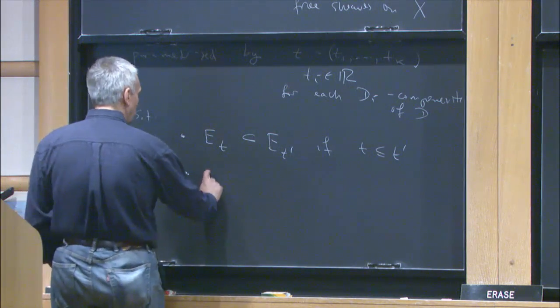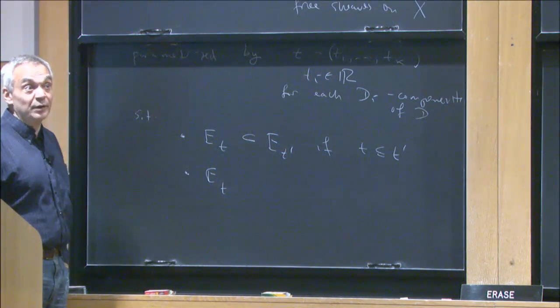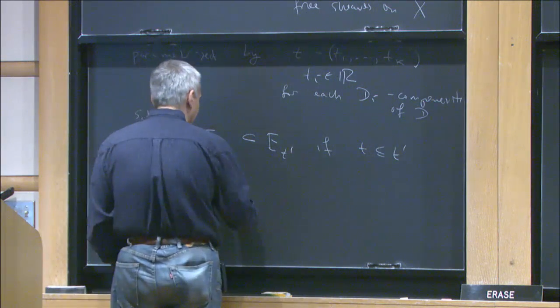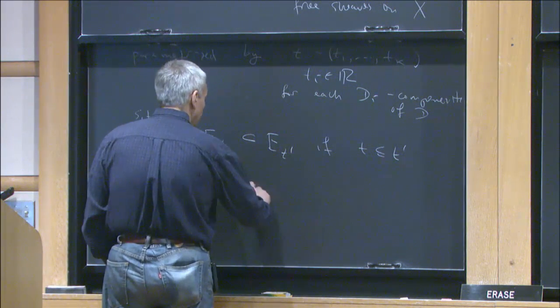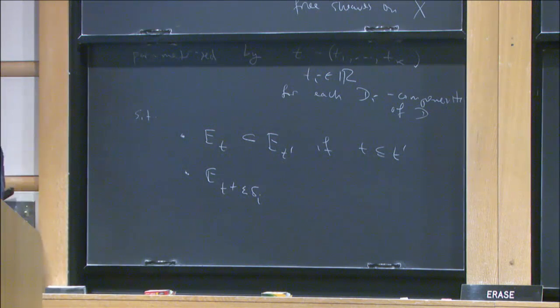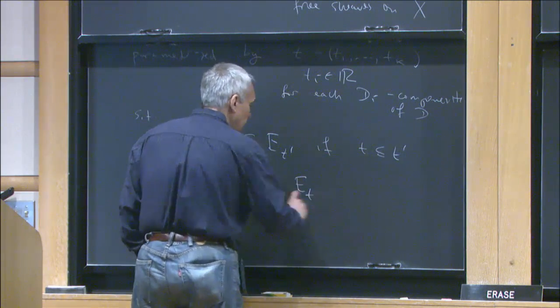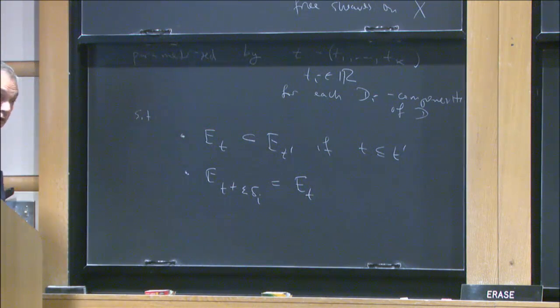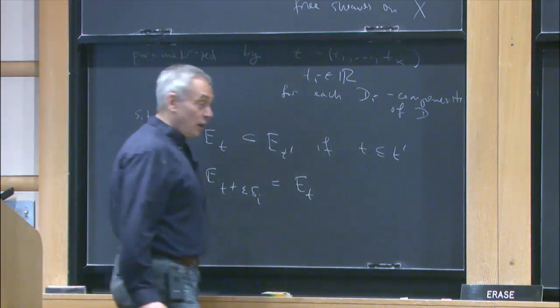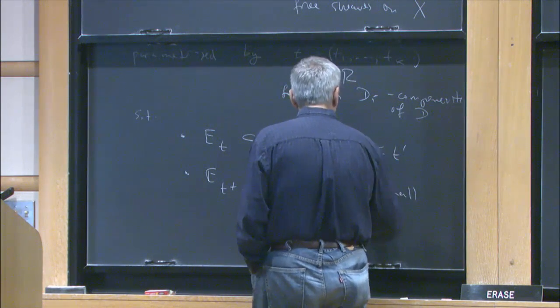You want this family to be semi-continuous, upper semi-continuous. So if you add an epsilon in one direction, which is close to 0, you want this bundle not to change. So this is for small positive epsilon.